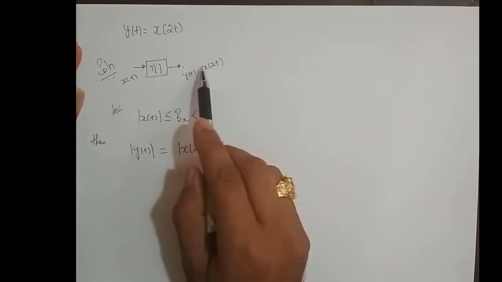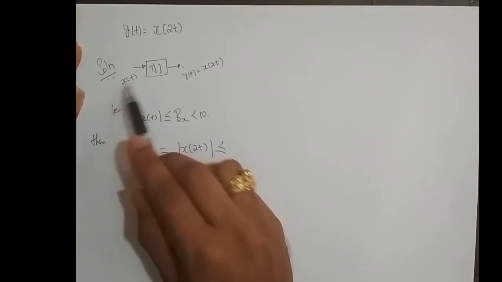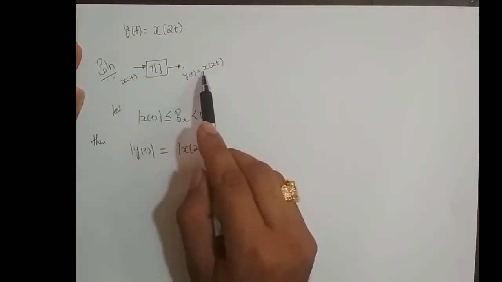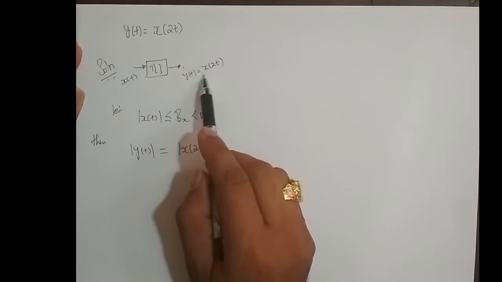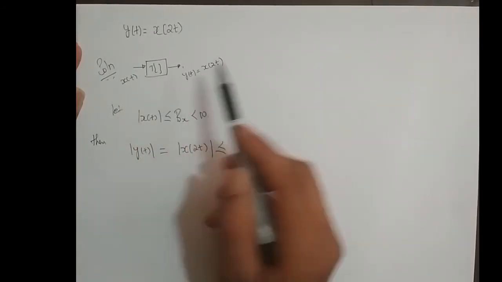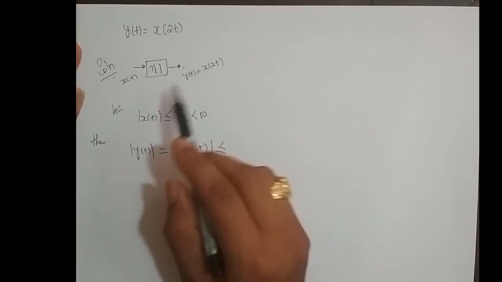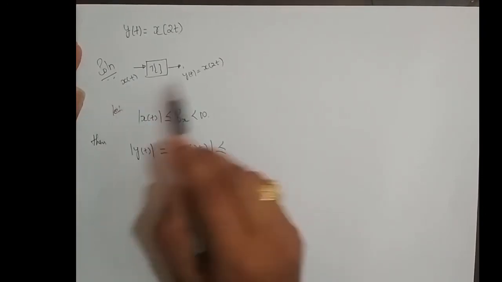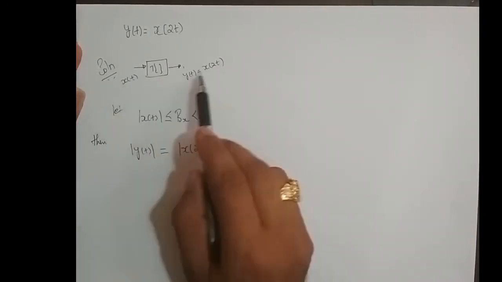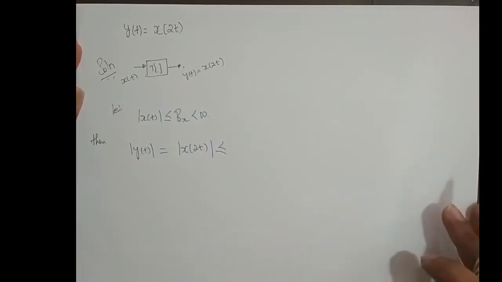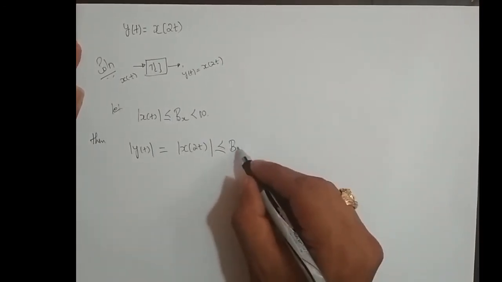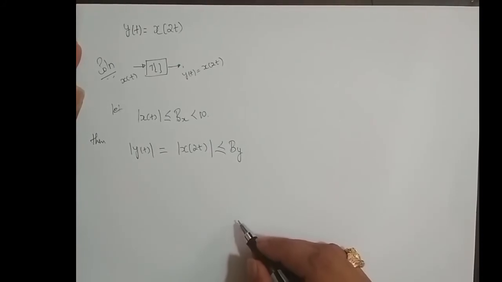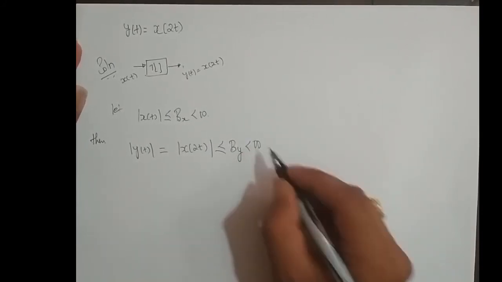If the amplitude is 1, output is also 1. If the amplitude is 2, output is also 2. If the amplitude is 100, output amplitude is also 100. It doesn't do anything to the amplitude, but it is doing something to the time, but we are not bothered about the time. To analyze system stability, we have to concentrate only on what's happening to the amplitude. So this is always less than or equal to by, which is less than infinity.